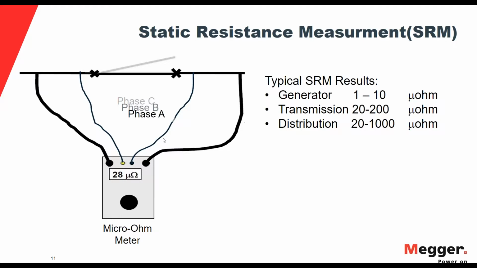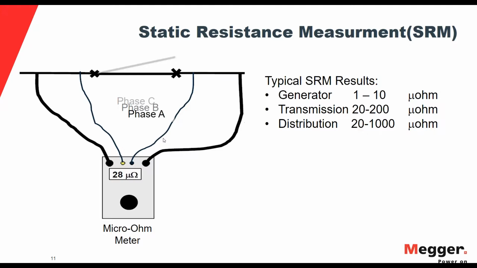Some typical static resistance measurement values, for example, for generator circuit breakers, since they usually under normal load have very high current, usually because you have a medium voltage with maybe huge power, you'll usually have an ohm meter value in the range of from 1 to 10 micro ohm.